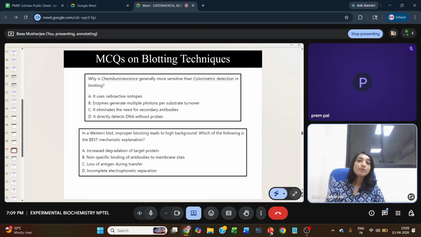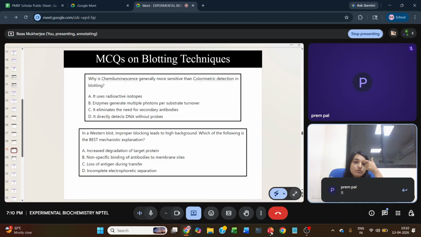When we are talking about chemiluminescence and colorimetric detection, it is definitely not involved with DNA, correct? So this gets cancelled. Now you choose amongst these three. Again, radioactive isotope: if it is chemiluminescence, there is no radioactivity, right? Then it would have been radioactive isotope. So why is this chemiluminescent one more sensitive?